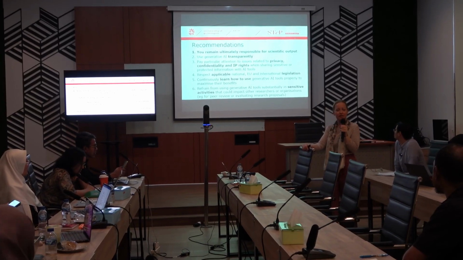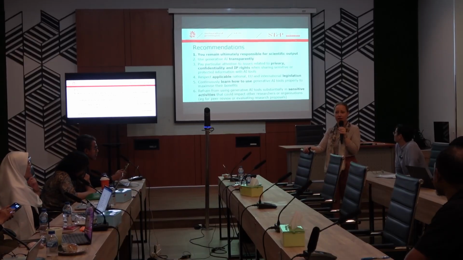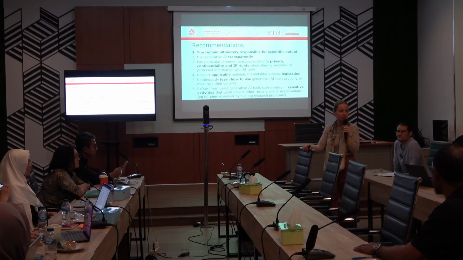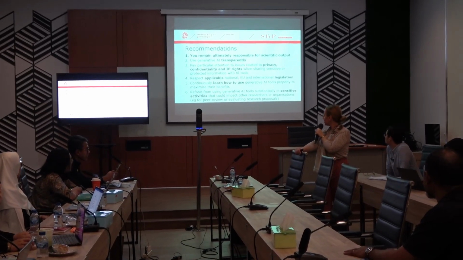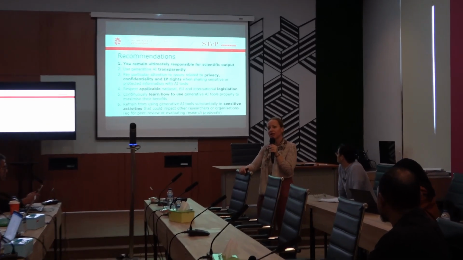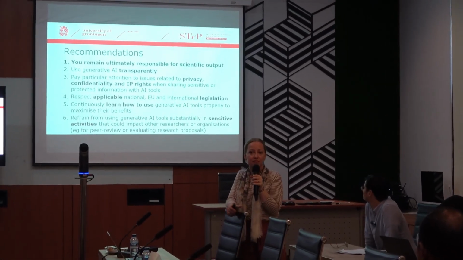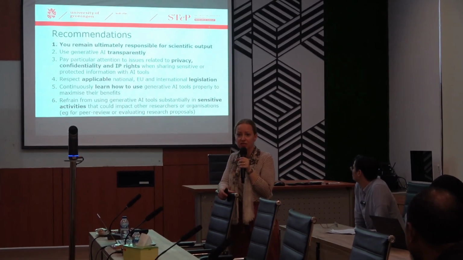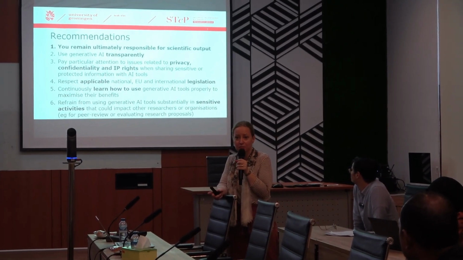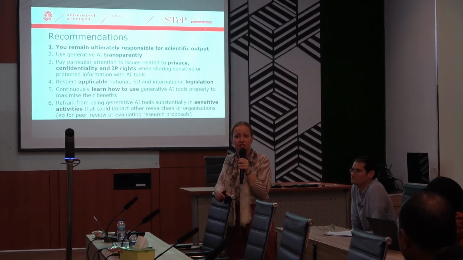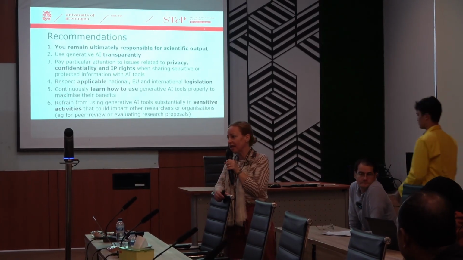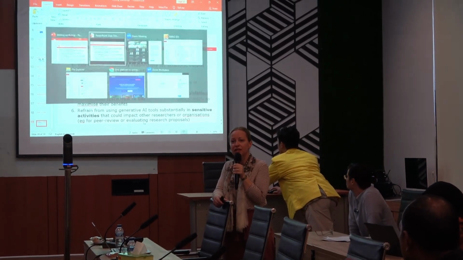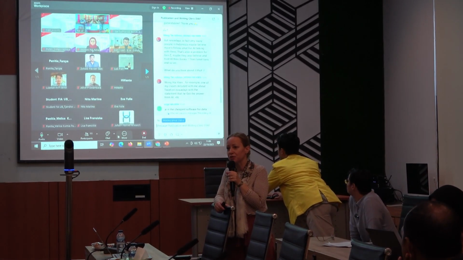Secondly, be transparent. If you decide to use it, make it clear how you use it in your research. Thirdly, pay attention to potential infringements of intellectual property, potential infringements of data protection, potential infringements of confidentiality when you enter any prompts, when you enter any information and you feed the system by yourself.